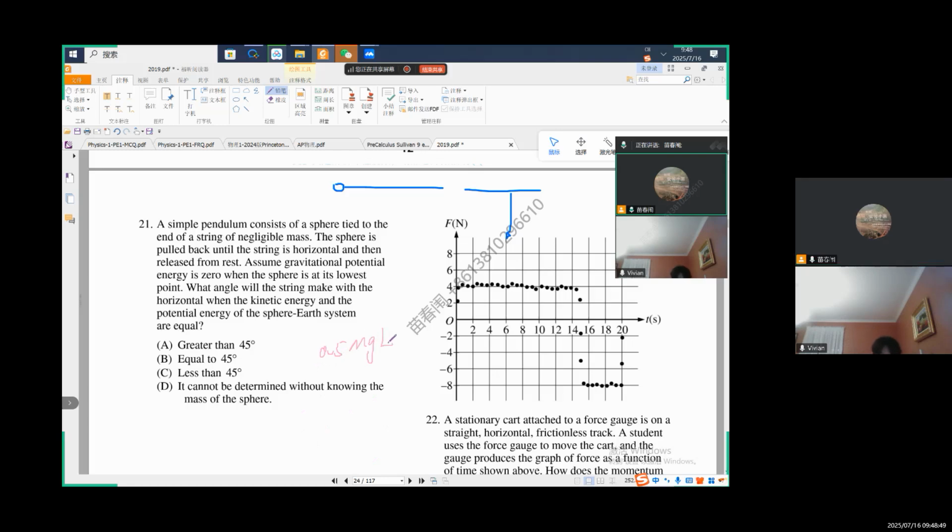That means the kinetic energy and potential energy are the same at the same time, right? So this happens at 0.5 above the lowest point, right?